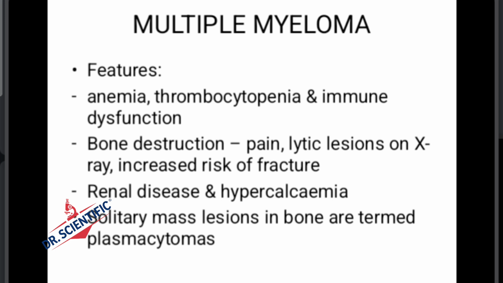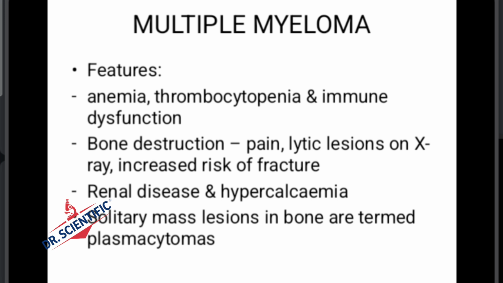Such fractures are what we called, when we talked about fracture healing, pathological fractures. Basically, a fracture in a bone that was already affected by disease, so the bone in the first place was weakened by the presence of a disease. One of the diseases that can cause pathologic fracture would be multiple myeloma.